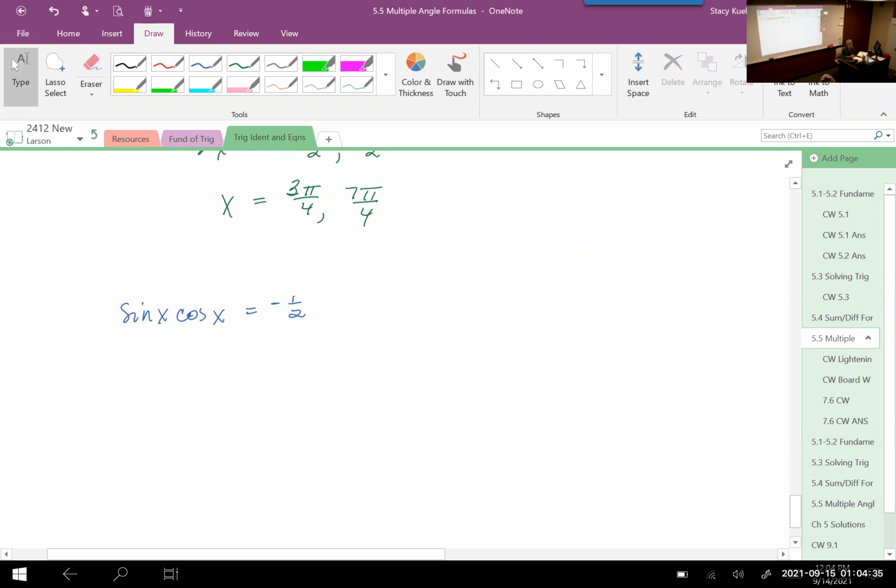That looks like the double angle identity. But if I want the double angle identity, I can actually rewrite it as 2 sine x cosine x and multiply by 1/2. Well, 1/2 times a 2 negates what I just did, doesn't it?